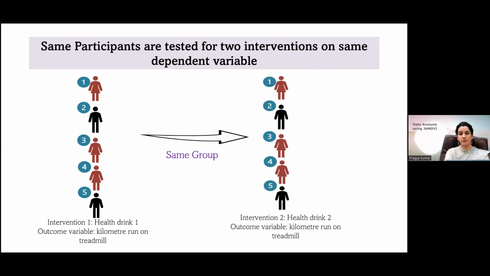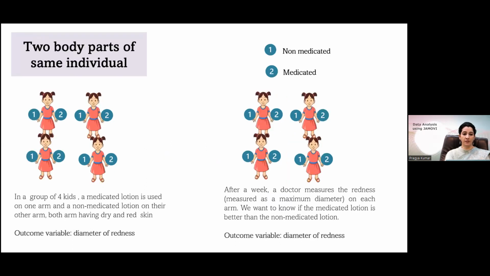And I want to see what is the mean difference in the kilometers run on the treadmill between health drink 1 and health drink 2. So these are the same participants who are tested with 2 different interventions on the same dependent variable. In this case also, this will be a paired observation.